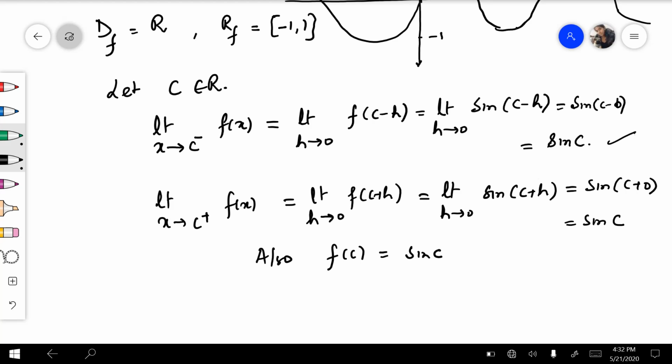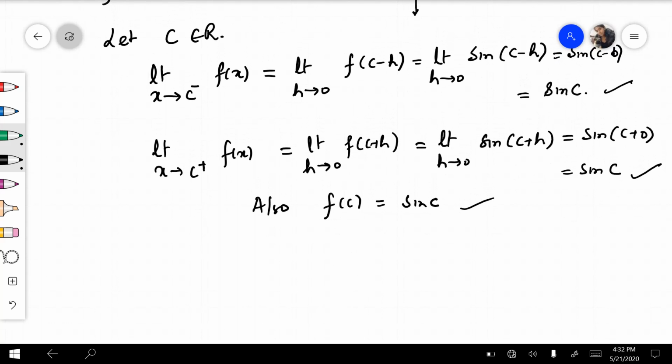तो हम इन तीनों टर्म्स को देखें तो ये सेम है. तो यहाँ से हम कंक्लूड कर सकते हैं that is limit x approaches c negative of f of x is equal to limit x approaches c plus of f of x is equal to f of c. Means left hand limit at c is equal to right hand limit at c is equal to image at c.